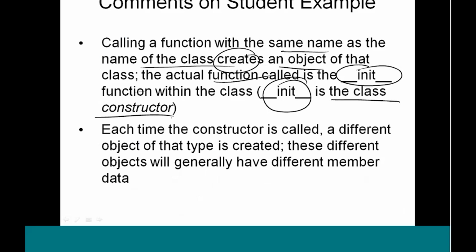So whenever we talk about object oriented programming, there are two things that you need to understand. One is what is called a constructor, and the other one is called the destructor. The destructor will come at a later stage, and each time a constructor is called, a different object of that type is created. These different objects will generally have different member data.